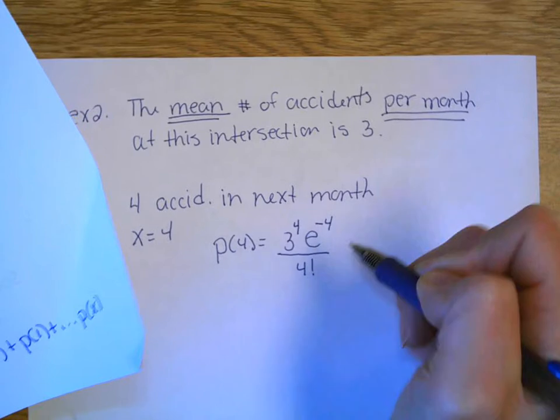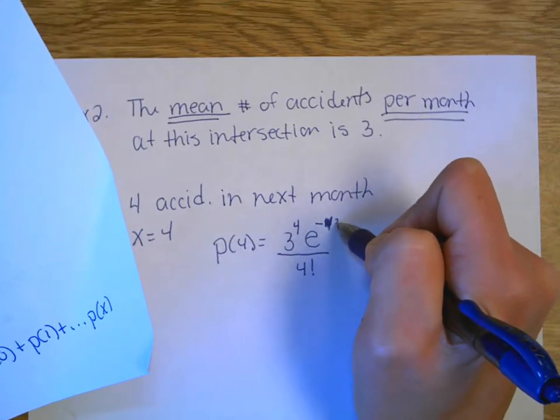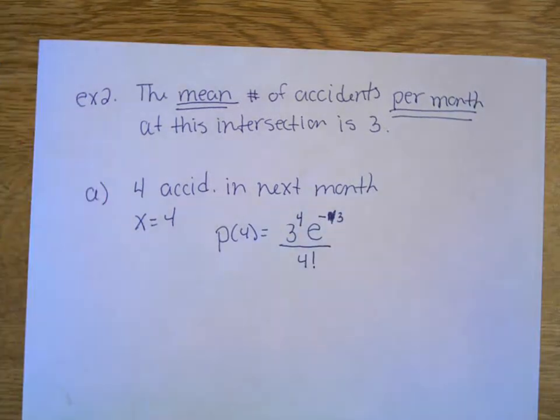Sorry, you are correct, negative 3. The mu, negative mu, not negative x. Okay.